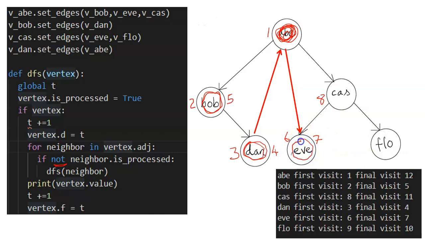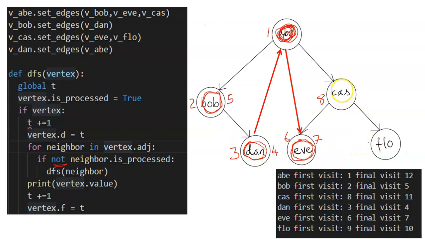By the way, when we get to Eve, we would have marked it as having been processed. So Cass will see that Eve has been processed, and then it will go on to the next item, which is Flo.